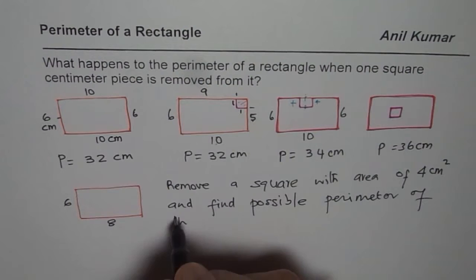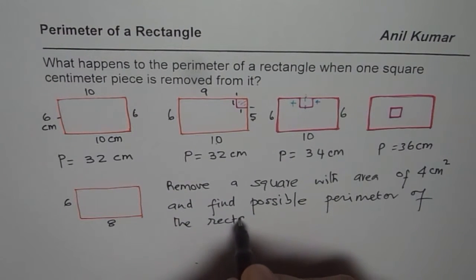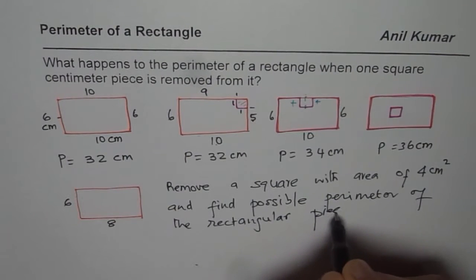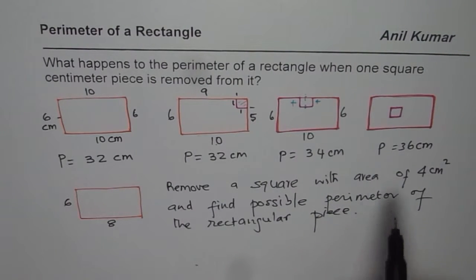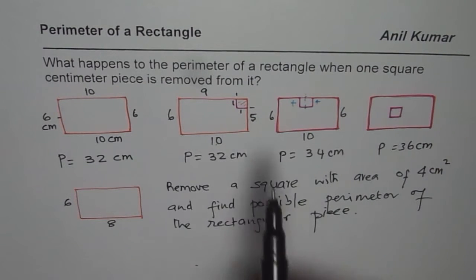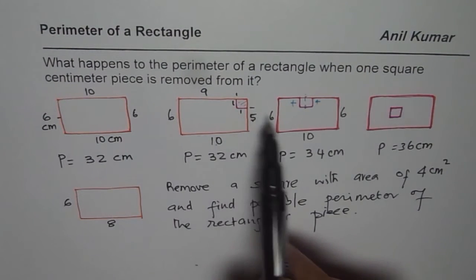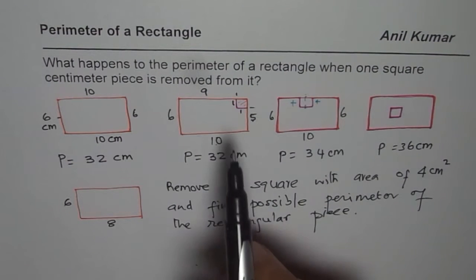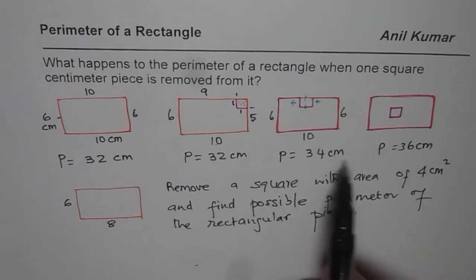So it could be a cardboard piece, and you could remove this 4 square centimeter area from anywhere like we did. If you remove from 3 different places, you get many variations. These are good ways of removing to give you variety, correct?